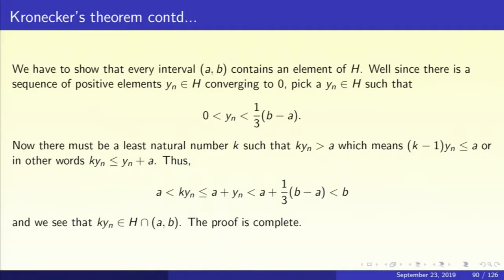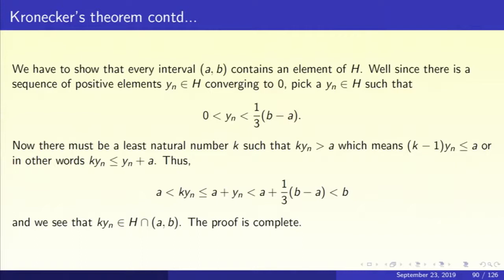Take my epsilon to be 1/3 of (b minus a), for instance, and this interval (0, 1/3 of (b minus a)) must contain an element yn in H. Now there must be a least natural number k such that k yn exceeds a. That's the Archimedean property. And so (k minus 1) yn is less than or equal to a, or k yn is less than or equal to yn plus a. So now we have the situation a strictly less than k yn less than or equal to a plus yn.